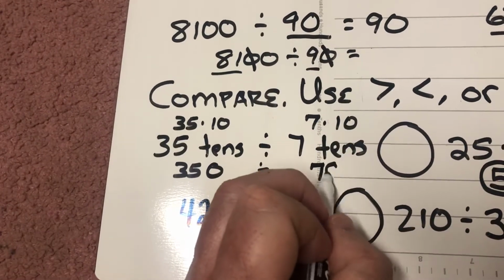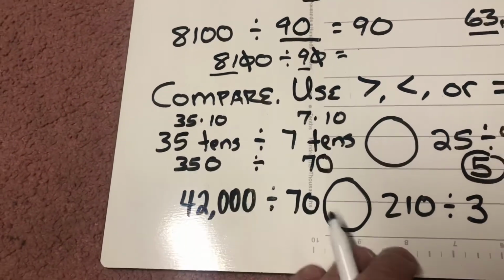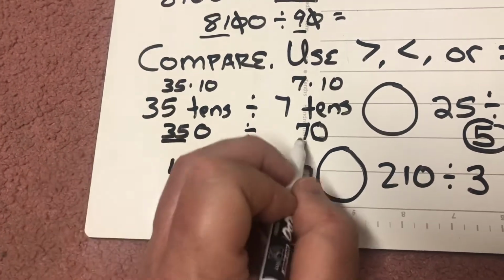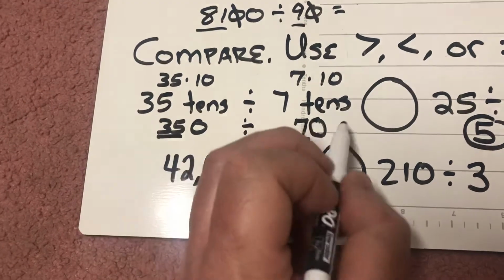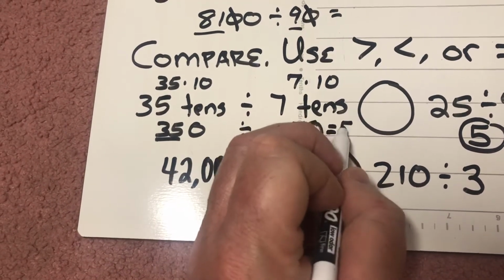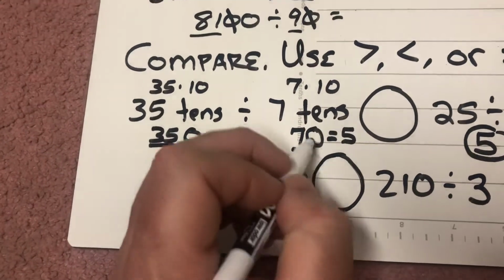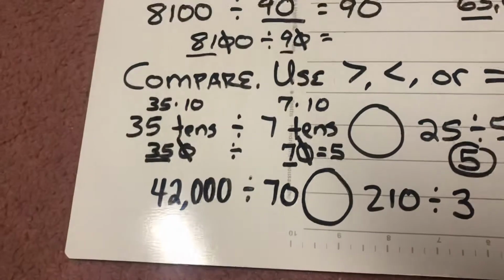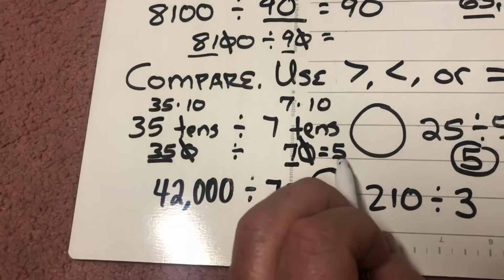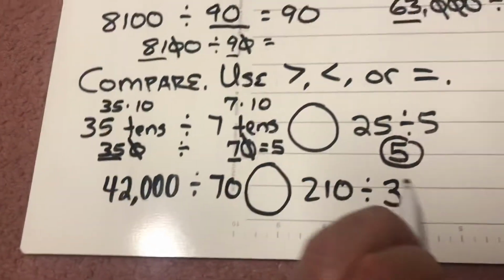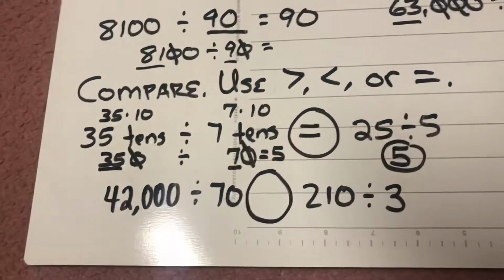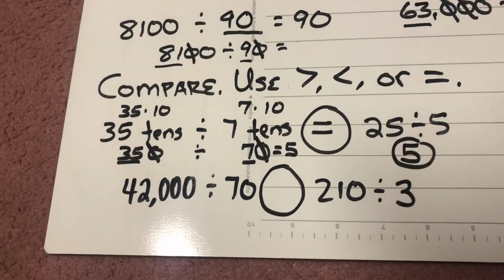Add the 0, bring it down. I get 350 divided by 70. Well, 35 divided by 7 is equal to 5. I cross 1 zero off here, I cross this zero off here. There's no zeros left. My final answer is 5. So that tells me that's an equal.